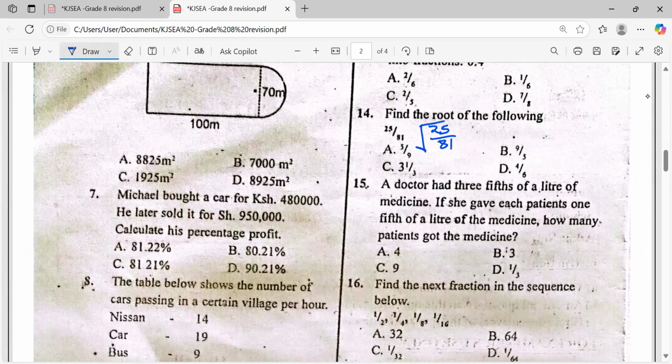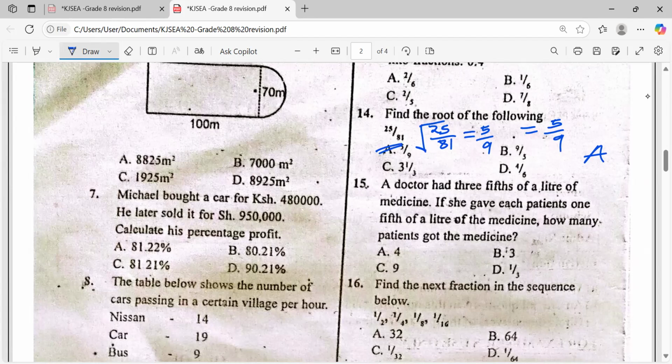When you use a calculator, you're going to get 5 and 9. Very good. Which is going to be 5 against 9, which is A, isn't it? So our answer was supposed to be A.